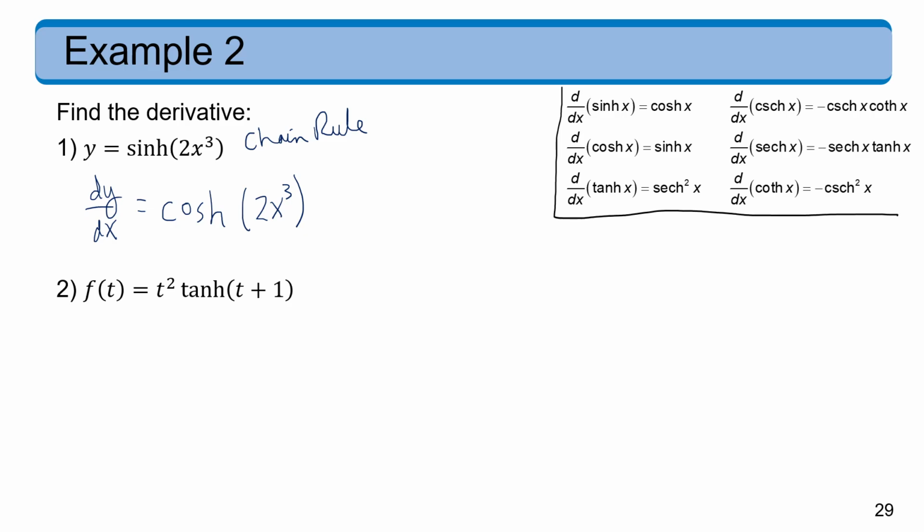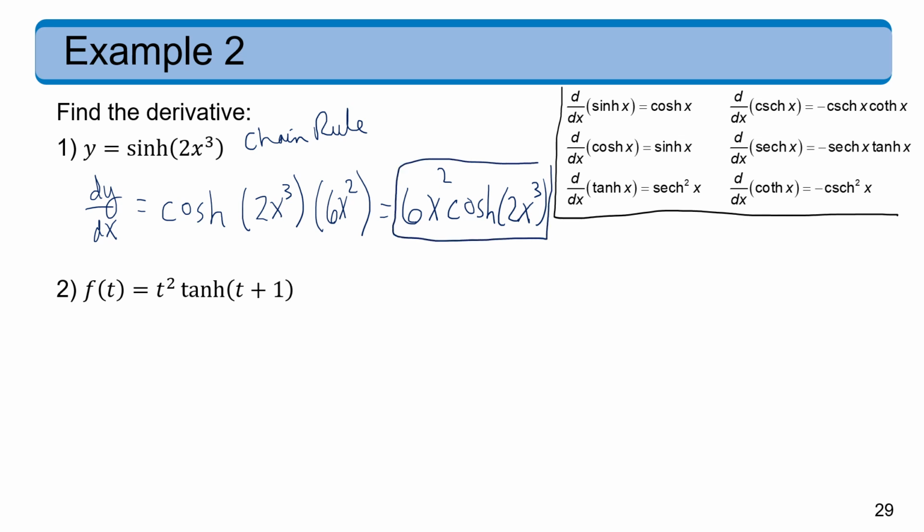So the derivative of 2x cubed, that's a simple one, it would be 6x squared. Now this would look better if we moved the 6x squared in front, because otherwise it might be confusing as to whether it's part of what's inside the hyperbolic cosine, and we know it's not inside. So I'm going to write this 6x squared times hyperbolic cosine of 2x cubed.